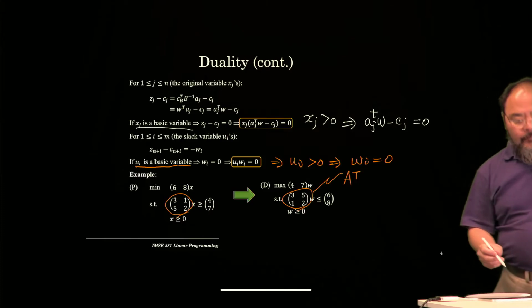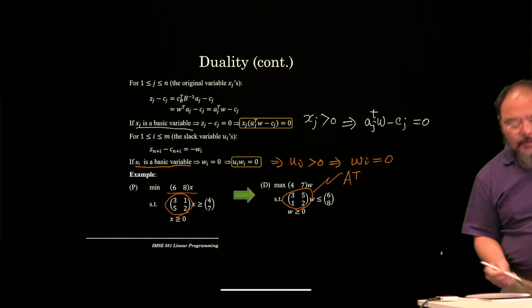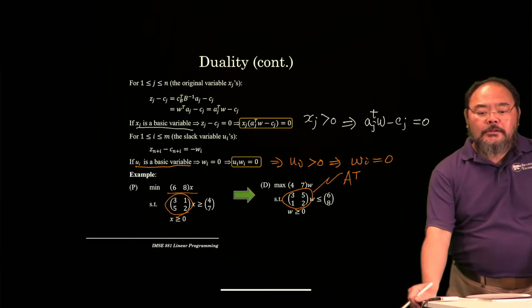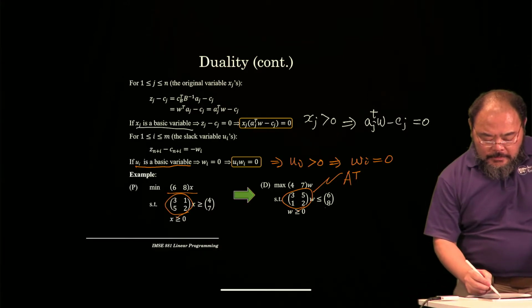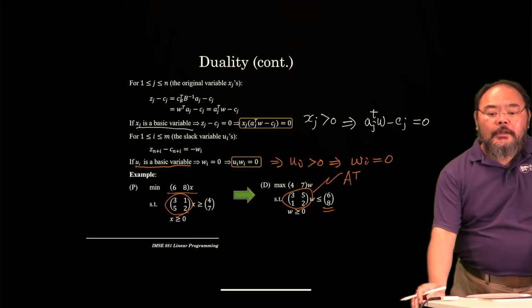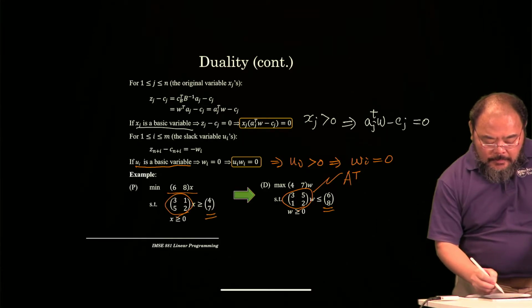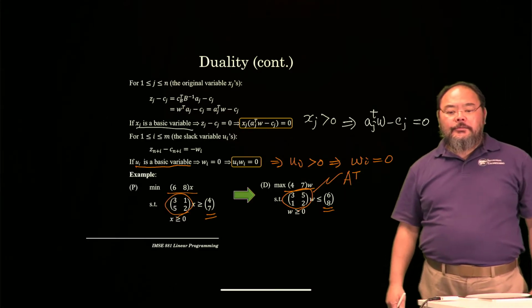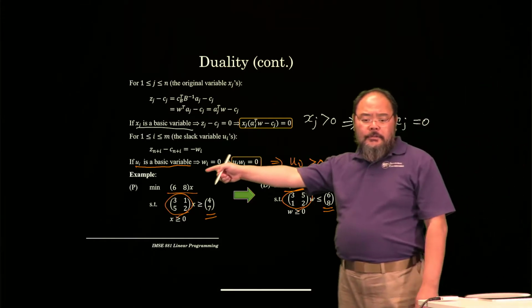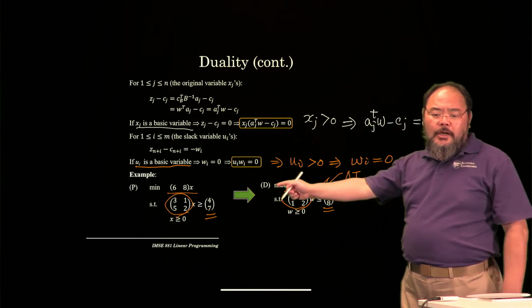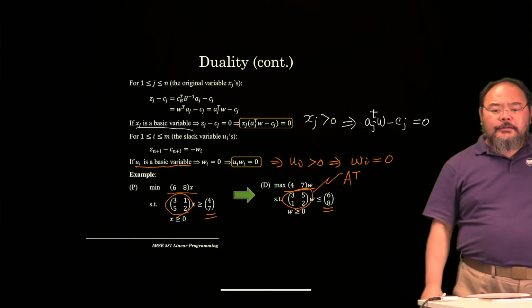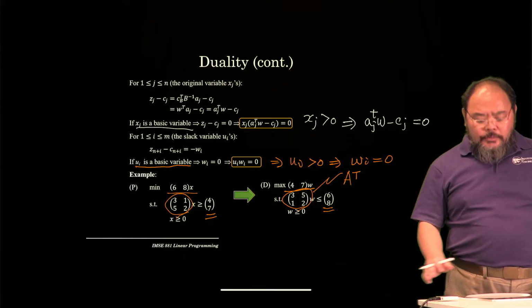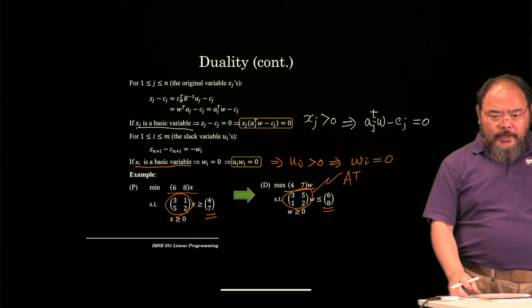So A transpose times omega is less than or equal to 6 and 8. Here, the primal objective function cost coefficient becomes the right hand side of the dual, and the primal right hand side becomes the objective function cost coefficient in the dual. The primal is a minimization problem, and the dual will be the maximization problem. These are the characteristics I want you to remember, and they come in very handy.